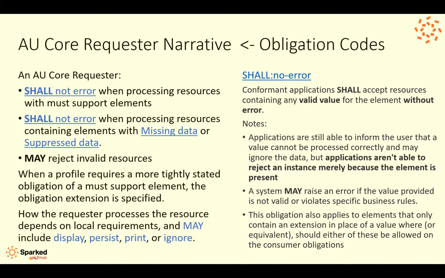So there was a slide that I presented last week that actually said what FHIR states about must support, and obligations are in addition to a must support, but an IG must define either as narrative or in other definitive terms, such as obligations. So you can use obligations, but you don't have to use obligations.